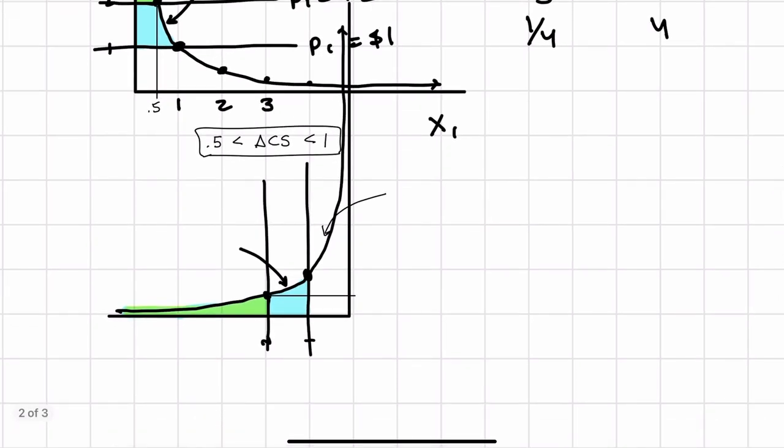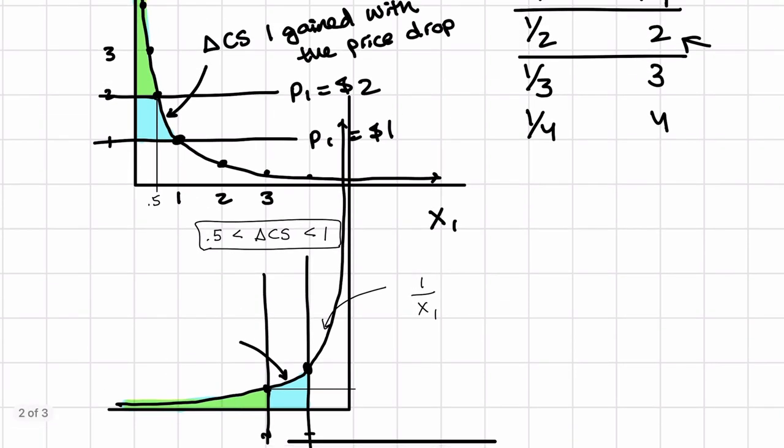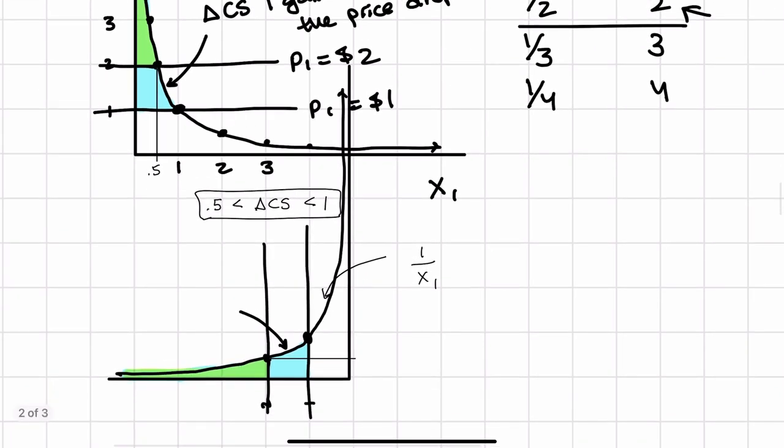is, we had 1 over x1. And so what I can do is find the area under the curve, the integral of 1 over x1 between x1 being 1 and x1 being 2.